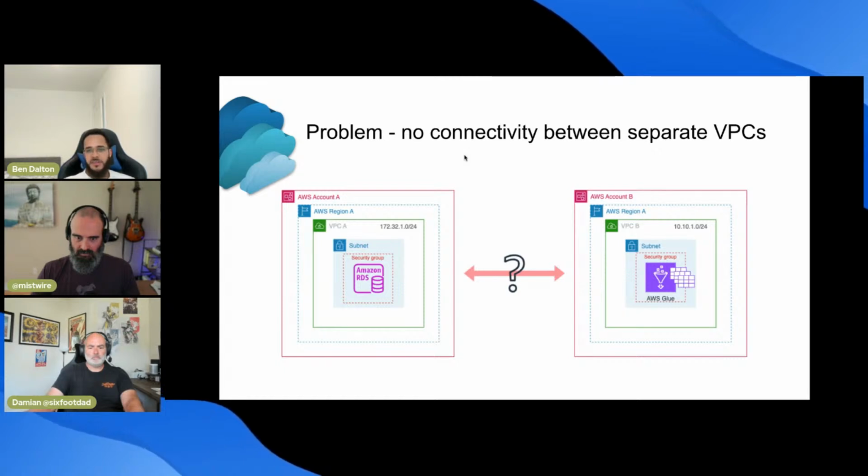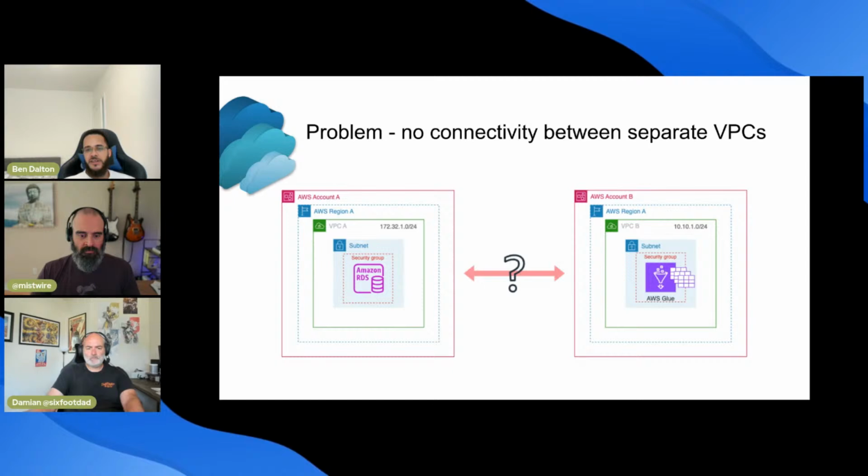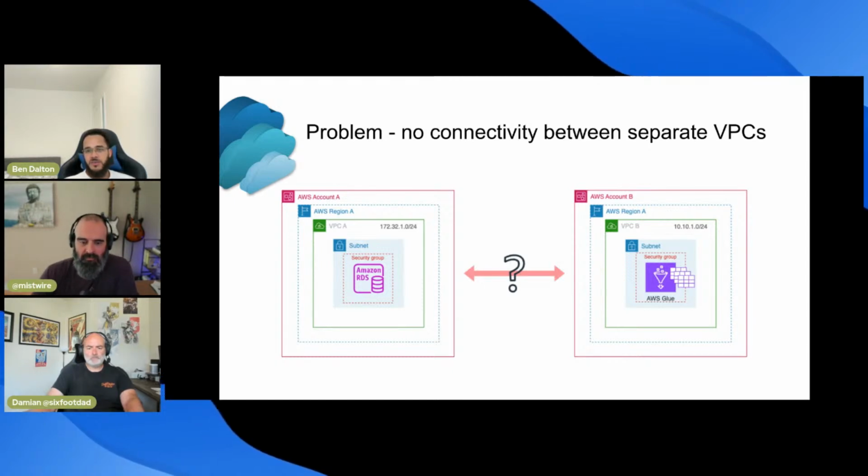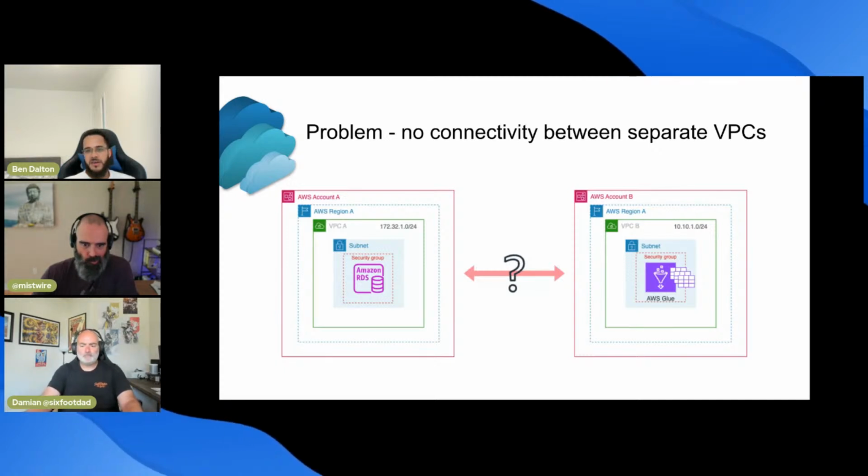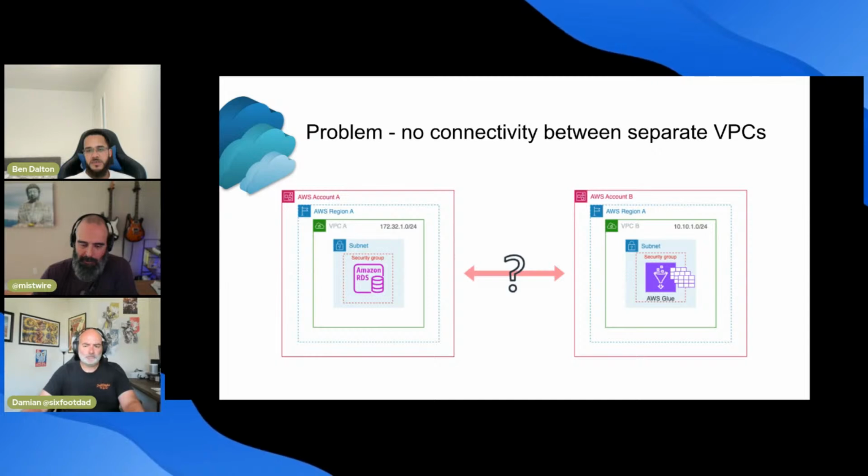There was absolutely no cross connectivity set up whatsoever. So we needed something quick, cost effective and secure in order to enable them to access this data so that they can explore it and find the relevant use cases for the data.